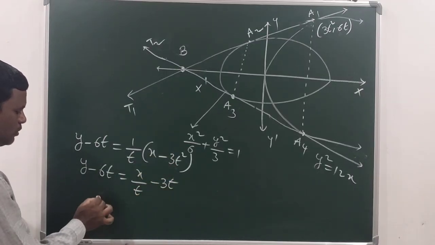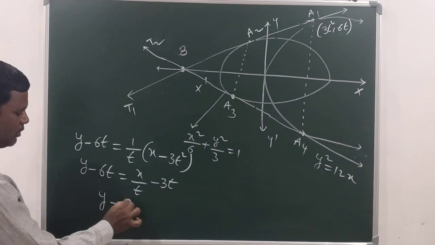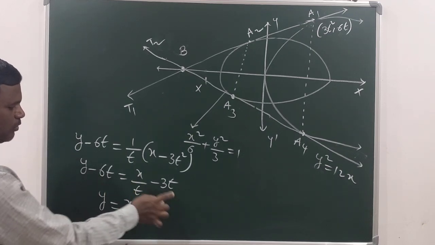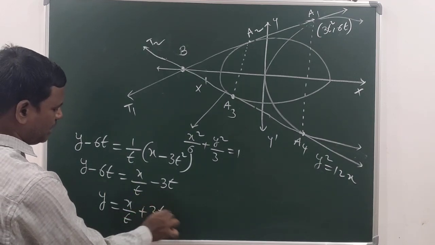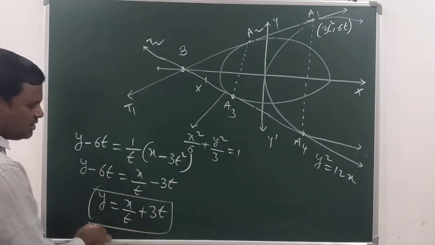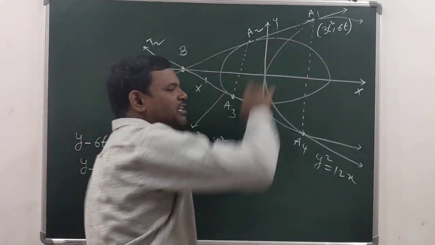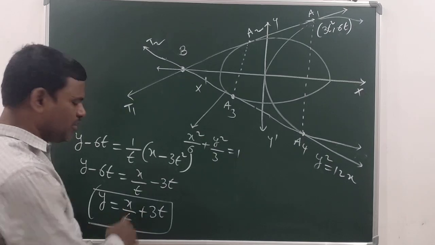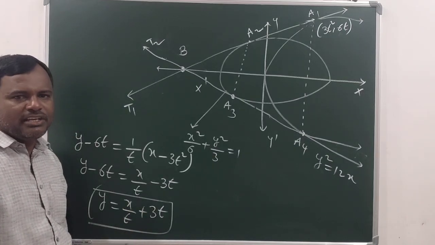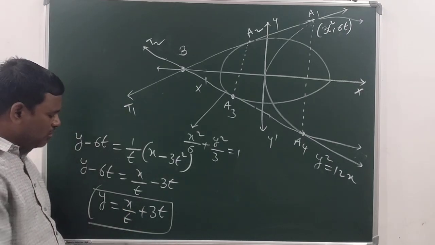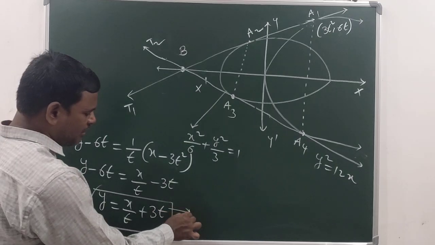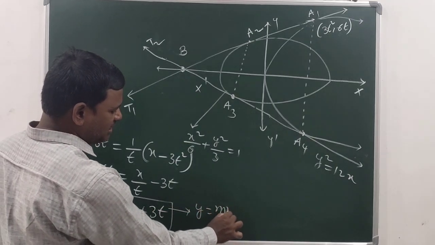Now transfer this to the right side: y is equal to x by t minus 3t plus 6t, which gives 3t. So this is the equation of tangent T1. Now observe this. This is looking like y equal to mx plus c.